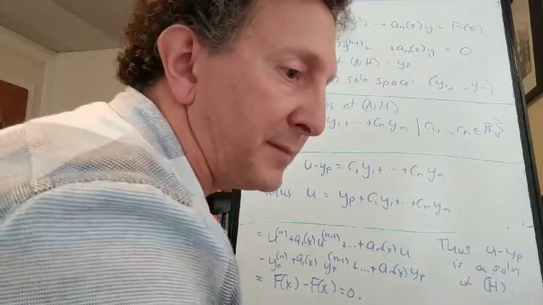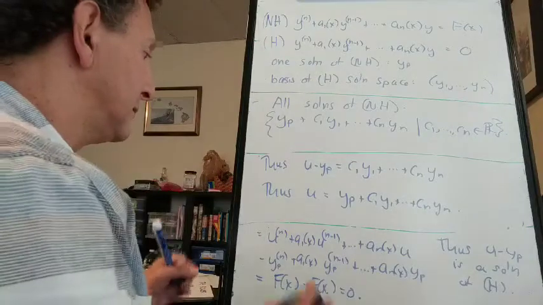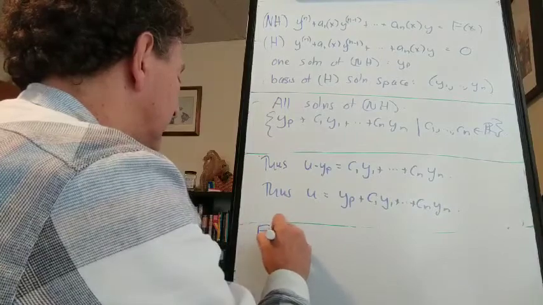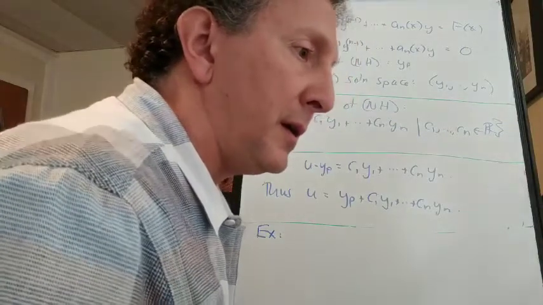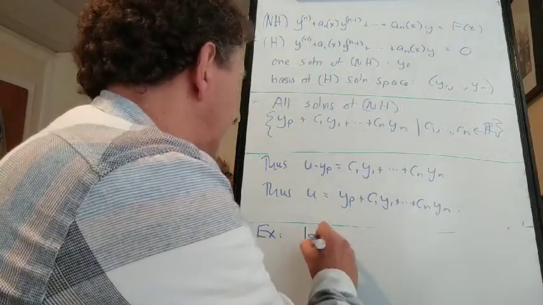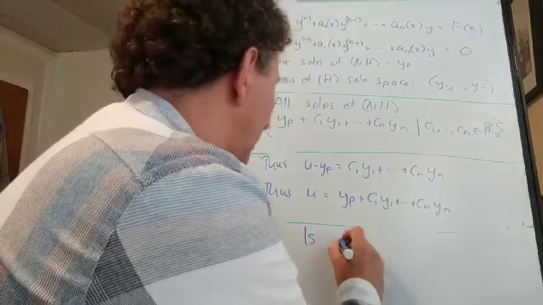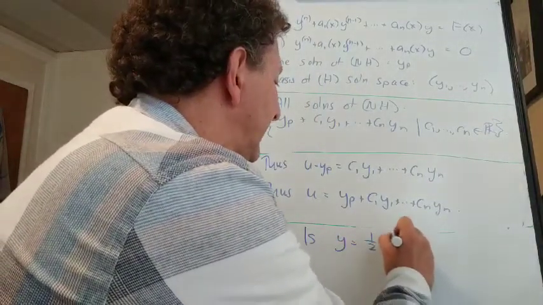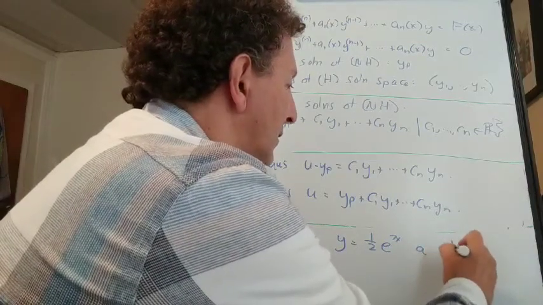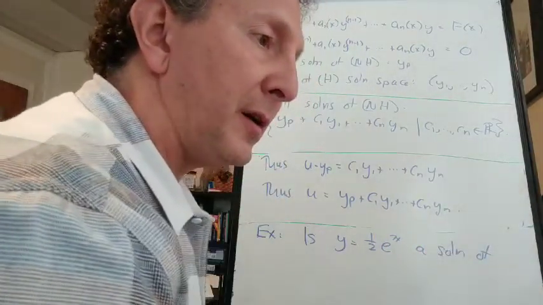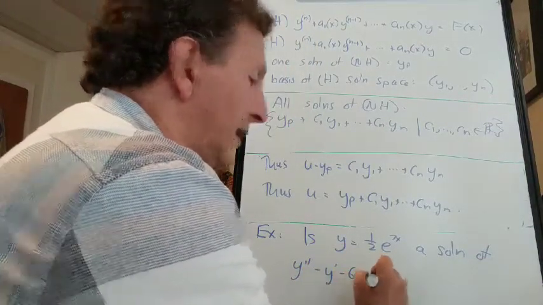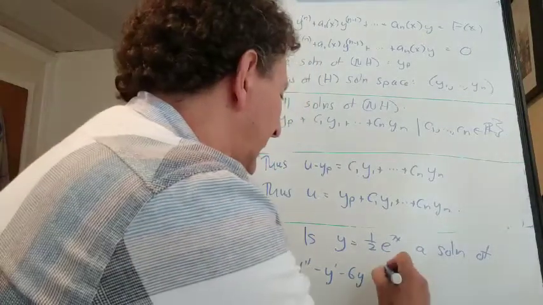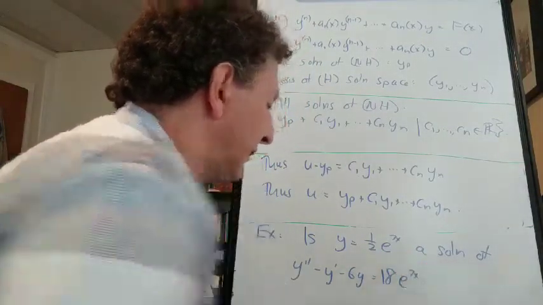Let's do an example of that. So for example, let's ask, is y equals 1/2 e to the 7x a solution of y double prime minus y prime minus 6y equals 18 e to the 7x.